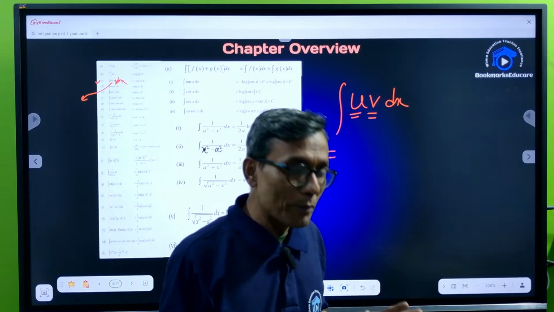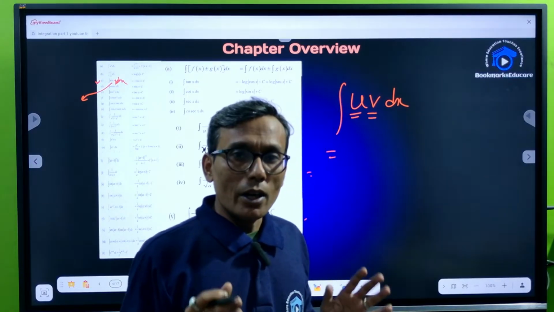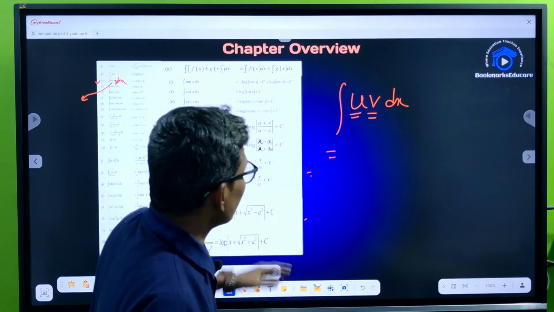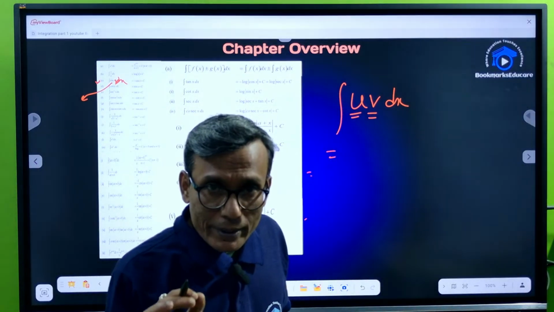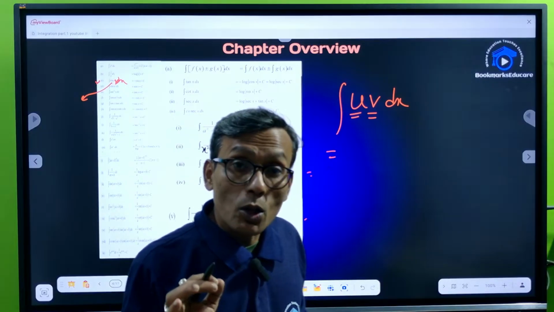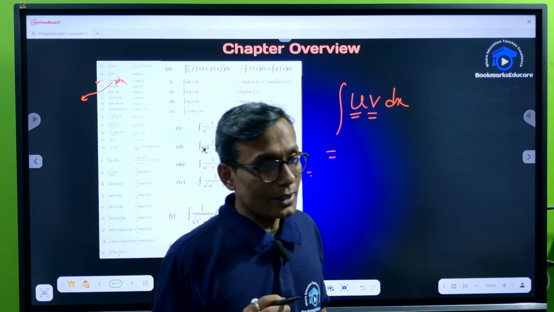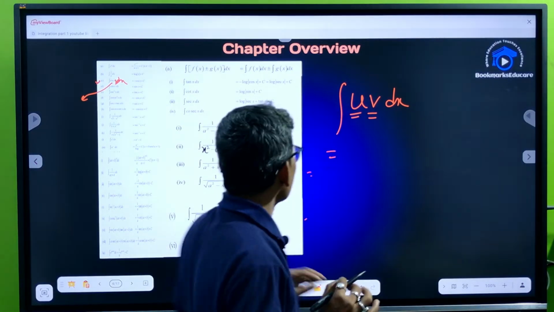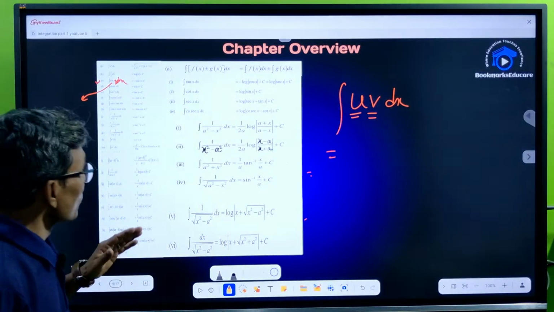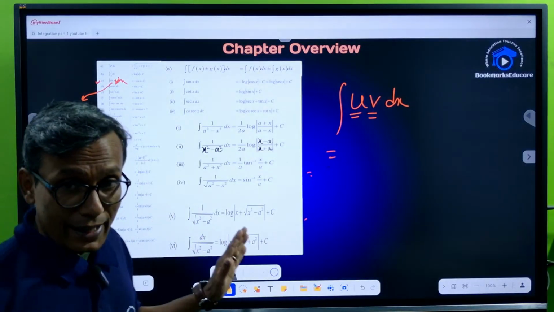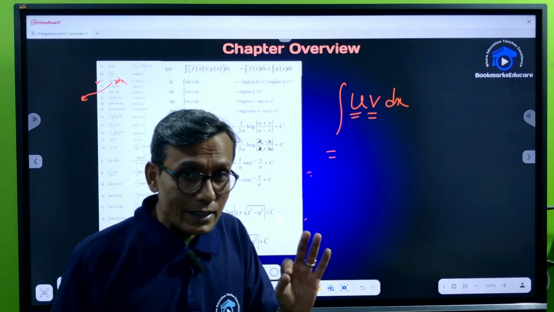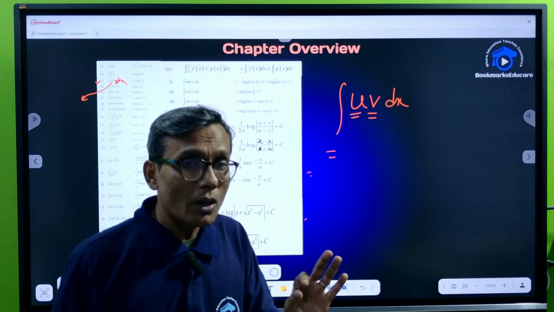It's totally impossible to find the integration formula of an inverse trigonometric function and a logarithmic function.